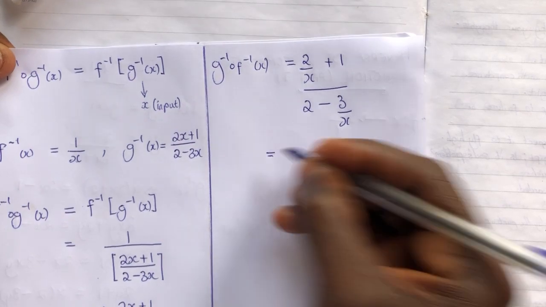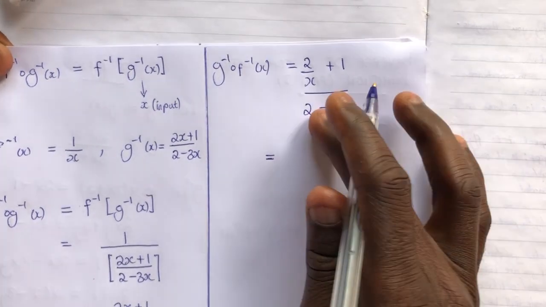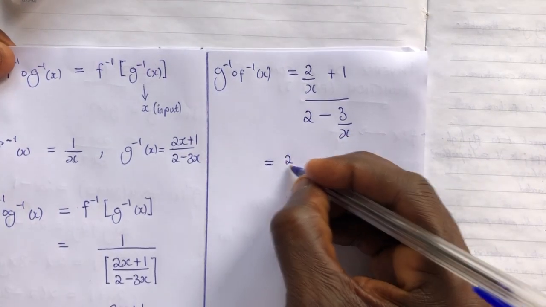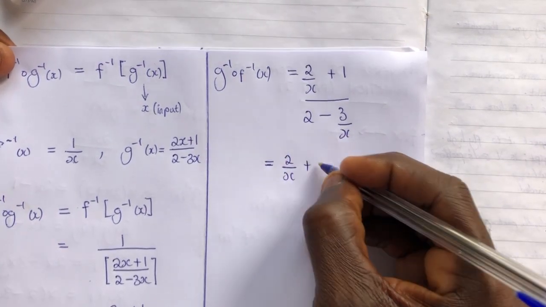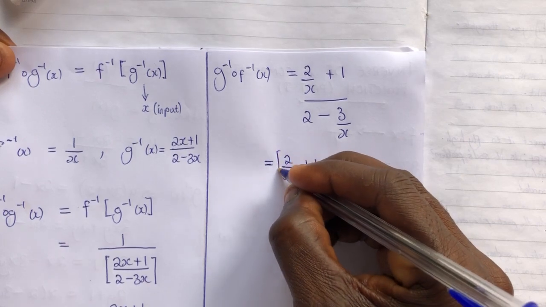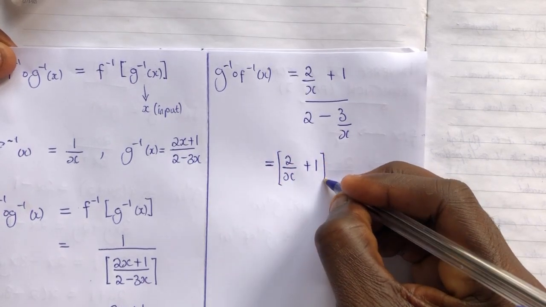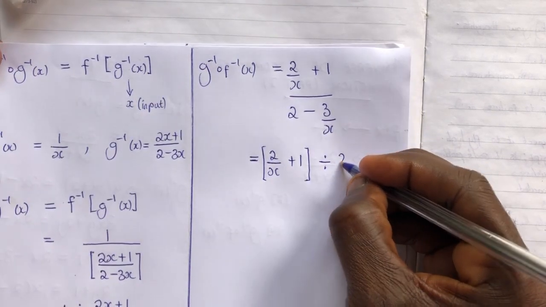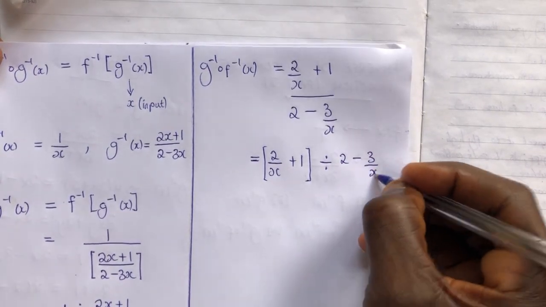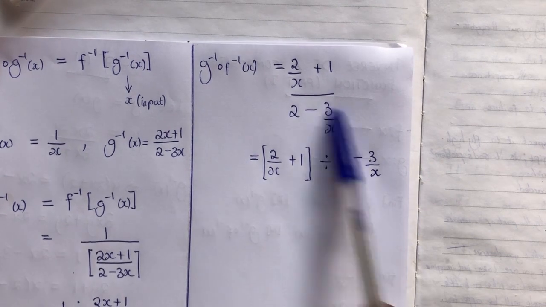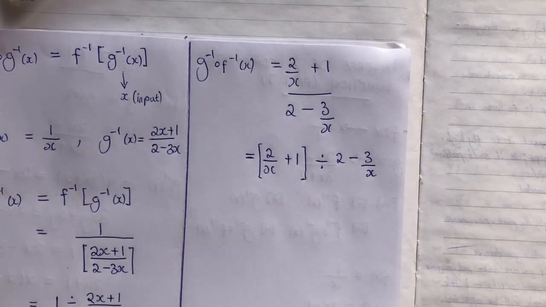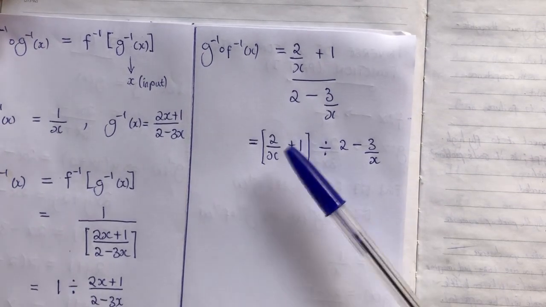So now we can move this to the other side for simple calculation. We have 2 over x plus 1. I can separate this with a bracket, divided by 2 minus 3 out of x. I'm just going through all these steps for the sake of others that have challenges.